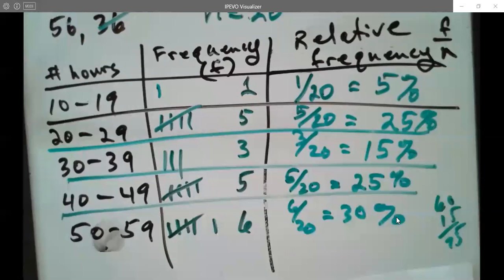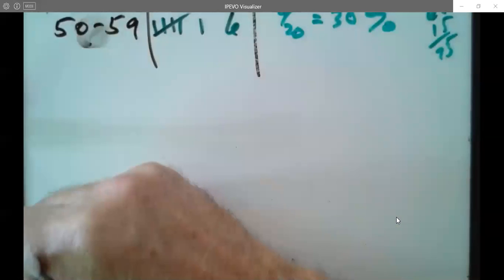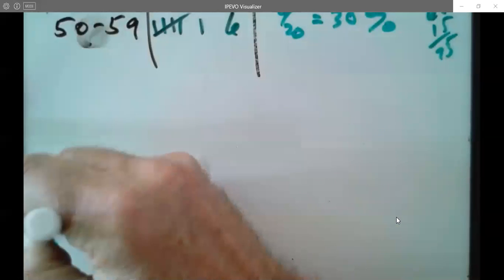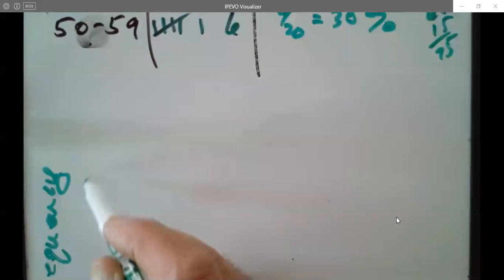Okay, so from there, we want to go ahead and design a histogram. So we take our frequency and our hours for each class.